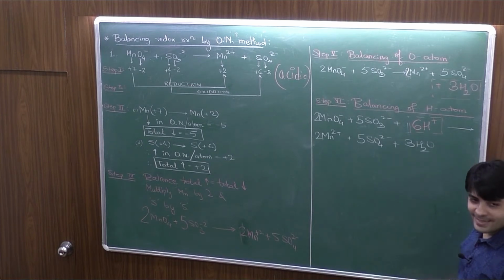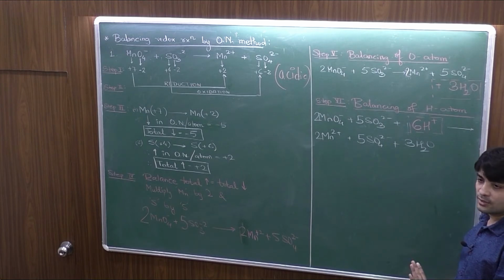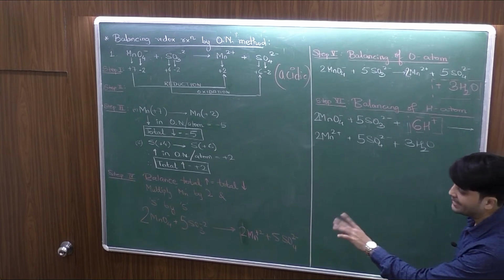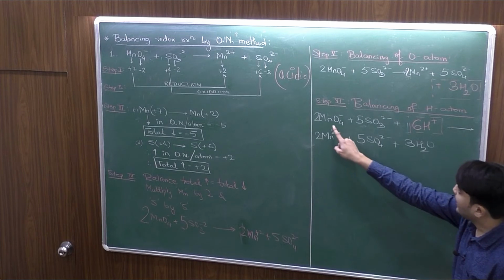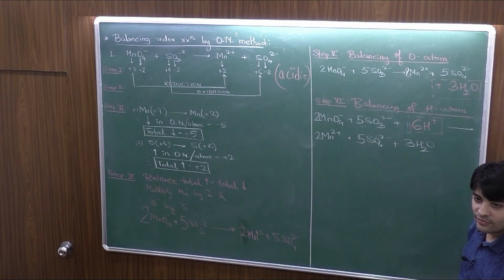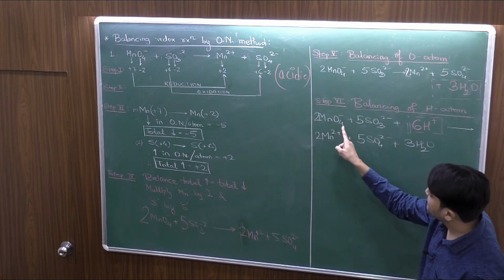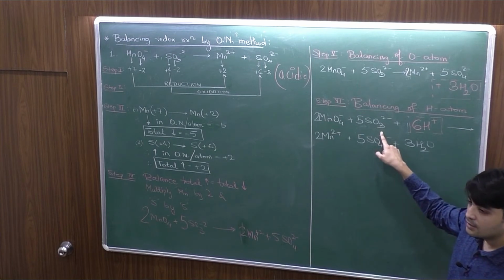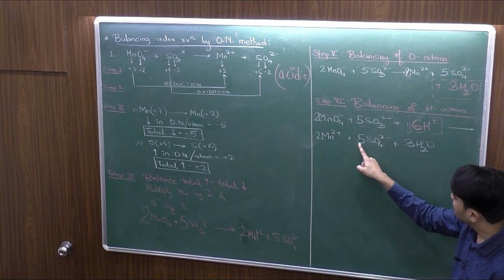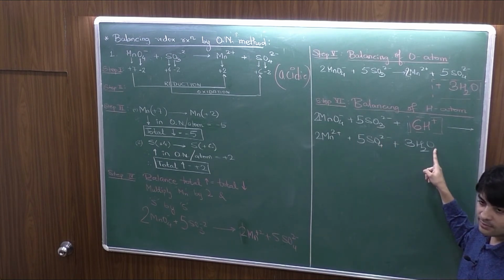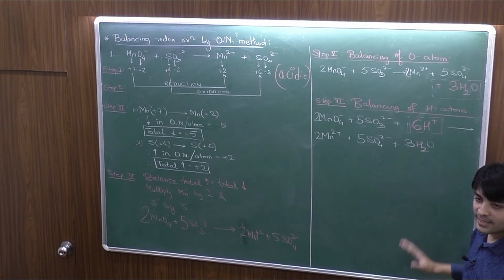Now this is the balanced redox reaction, and redox में balancing करने का एक self verification method है. First of all, if you observe the oxygen and hydrogen, all the elements along with manganese and sulfur should be balanced. Mn and sulfur was already verified. Now look at the oxygen. It's 8 plus 15, which is 23. This will be 20 and 3, 23, and 6H balanced.